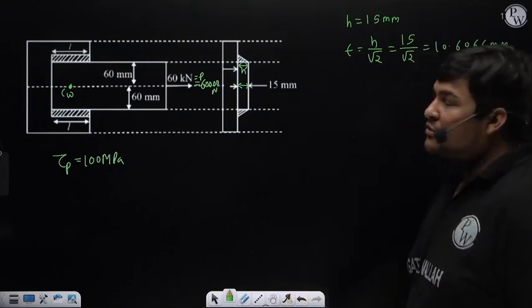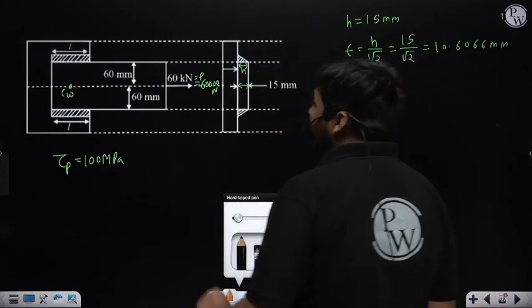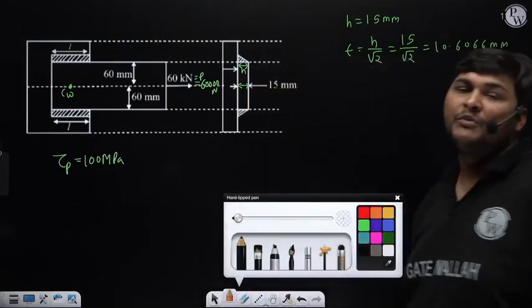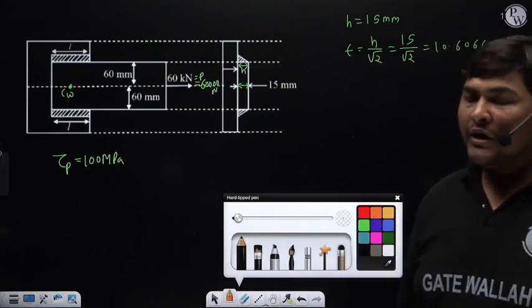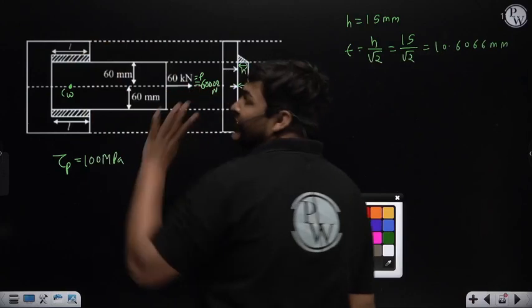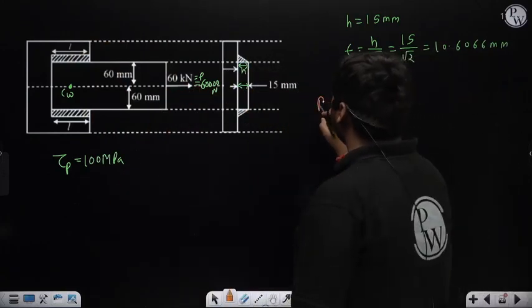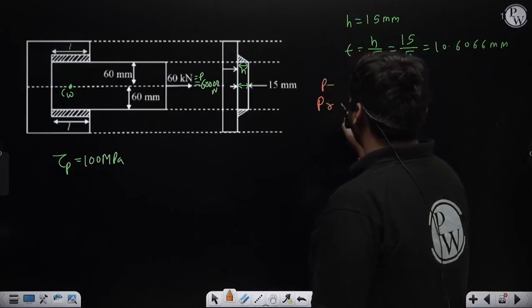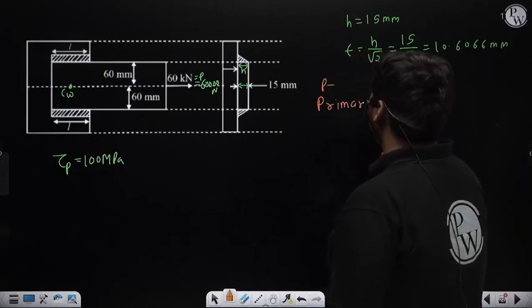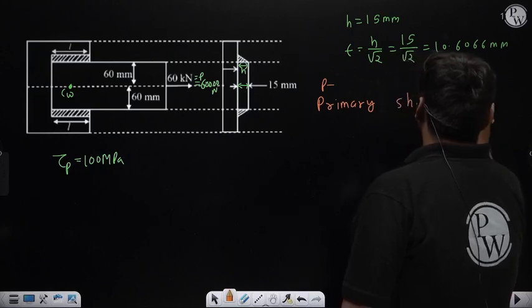So that is the value of throat. Now, since no secondary stress is coming in our weld, because the line of action of force P is passing through the combined centroid, we will calculate only primary stress. Force P is parallel to weld length, and whenever force P is parallel to weld length, primary shear stress will be induced.